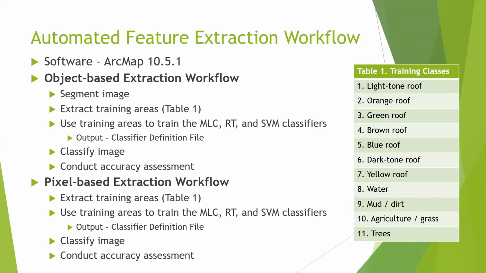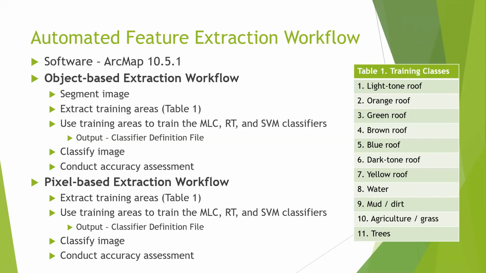And then I will utilize training areas, which I will extract based on the classes I identified in table 1, which are classes identified through visual inspection of the camps. Then I use those training areas to train the different classifiers for both the object-based and pixel-based workflows, which will create a classifier definition file, which I will use to classify the image.